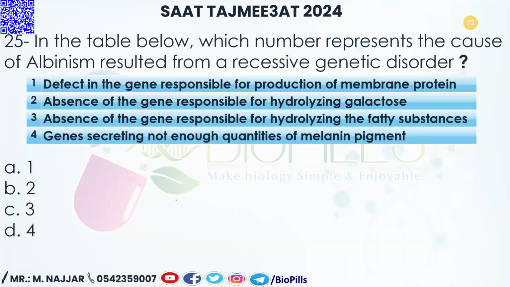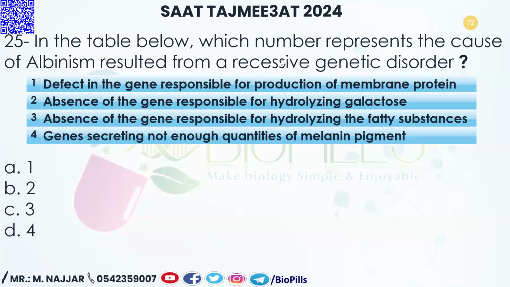In the table below, which number represents the cause of albinism resulting from a recessive genetic disorder? It is autosomal recessive. Autosome means the disorder is in the body chromosomes, not the sex chromosomes, X and Y. Autosomes control the body rather than sex determination.